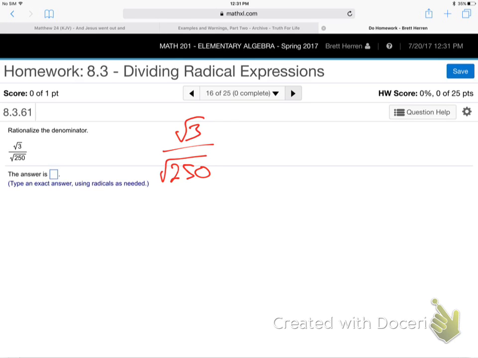So first break down that 250, right? Ship the pairs out. That 250 is 25 times 10, right? 25 is 5 times 5. 10 is 5 times 2. That good? Break it all the way down.